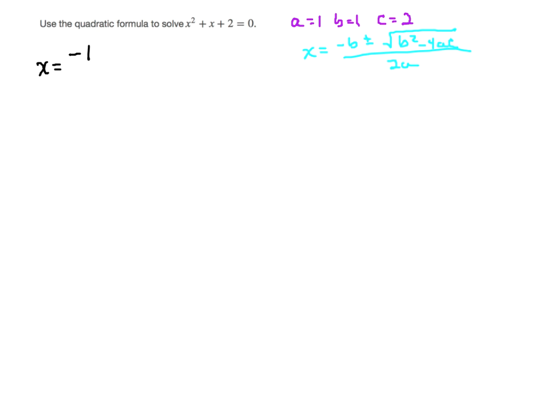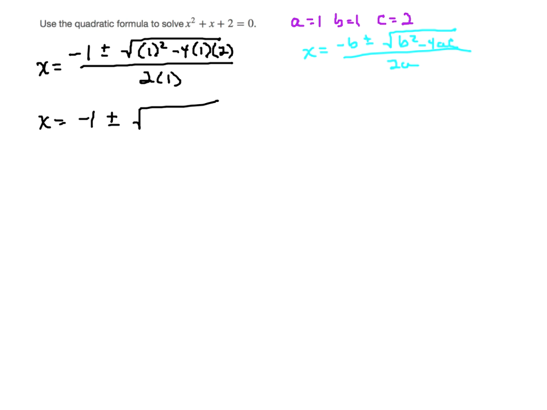X is equal to the opposite of b plus or minus the square root. Now when you plug in here, especially if it's a negative value, you always want to plug it in parentheses. B squared minus 4 times a times c all over 2a. Okay, I'm just going to continue. Plus or minus the square root of 1 minus 8 over 2.